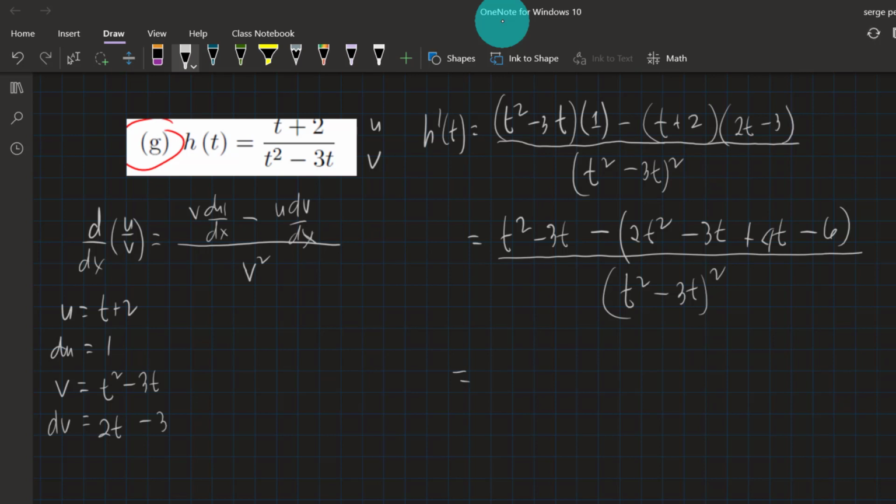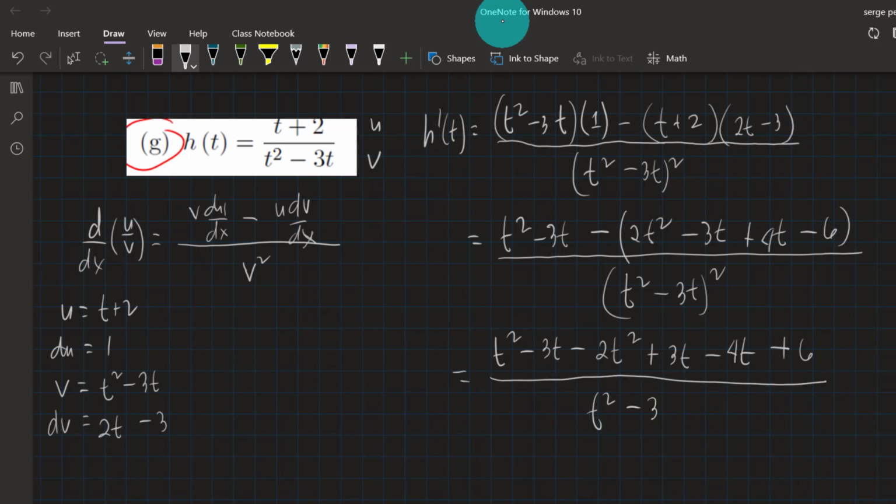Then we simplify the numerator by combining like terms. I-remove muna natin yung exponent by distributing negative inside the parentheses. So we have t squared minus 3t minus 2t squared plus 3t minus 4t plus 6 all over t squared minus 3t quantity squared.